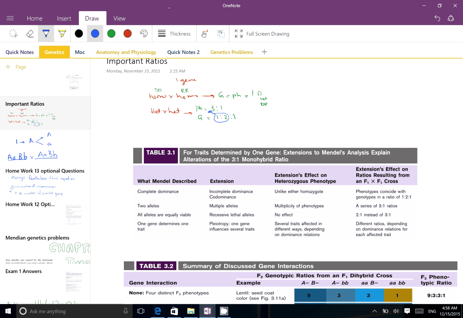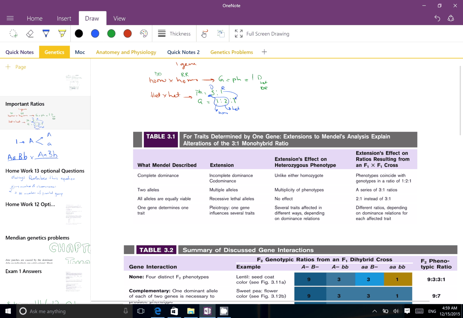The 1 and 2 are what give the 3 in the phenotypic ratio, and it's going to look like the dominant, have the dominant trait characteristic, and the 1 will look like the recessive one. The 2 means it's het, and the first one is homozygote for the dominant trait.